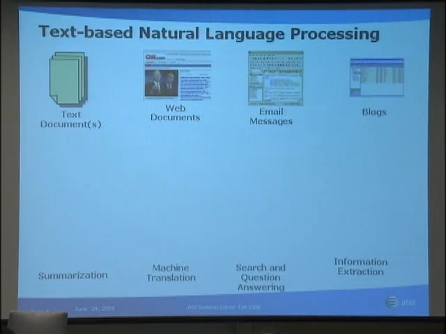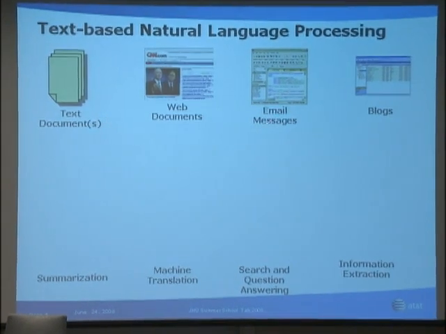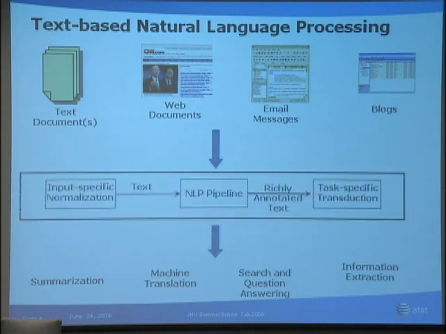The same thing you can think of in the text world, where the inputs are textual documents or web documents or email messages or blogs. The difference between speech and text is that when you look at the pipeline, the first box is slightly different. The first box in speech input is a speech recognition system that produces an output which is typically very noisy.